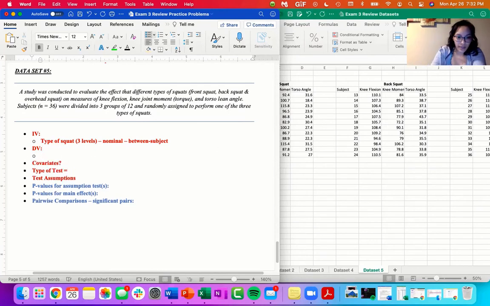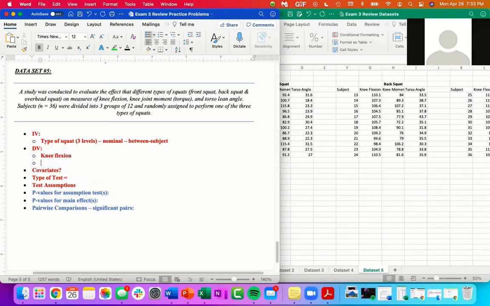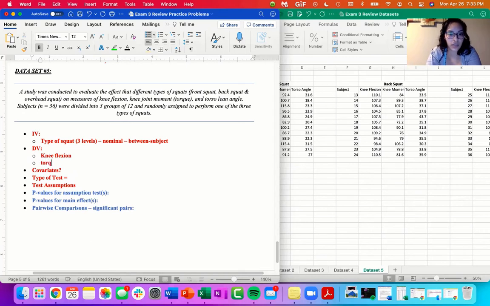Okay, what about dependent variable or variables? Knee flexion, knee joint moment, and torso lean angle. Yep. So knee flexion angle, I'm going to put torque because it's shorter than knee joint moment.